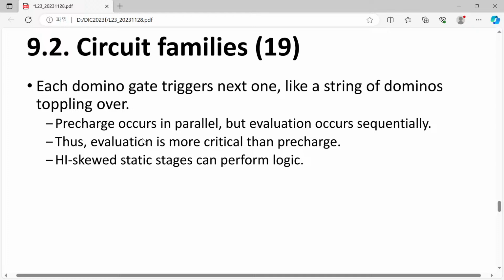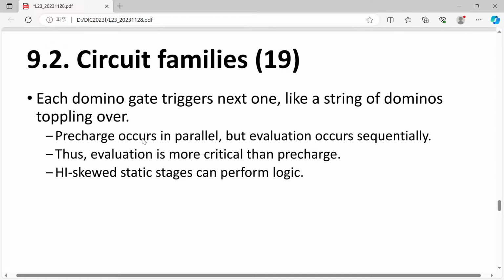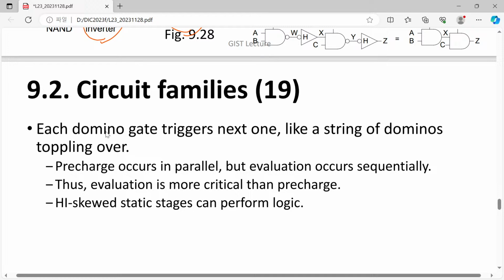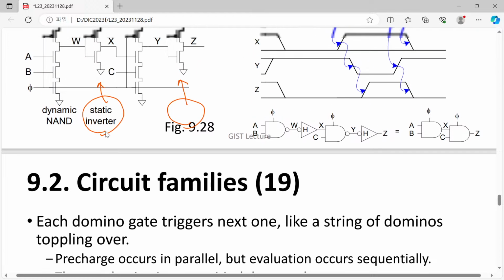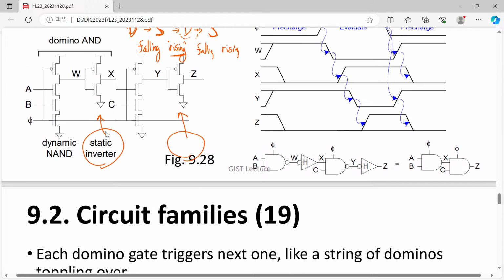Now this is called a domino gate. It is because it's like this. Let's think about a kid who plays the domino game. Then he or she should prepare the dominoes. There are many domino bricks, and he or she should place them in a determined way.